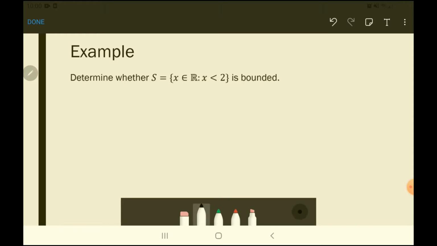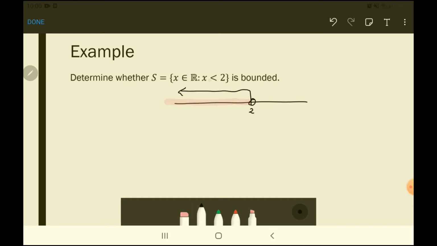So our set will be, let's say this is 2, and there's a value over there because x is less than 2. So our set will be here, right? Continuously. The elements of S will be along this pink shade, any value there, but 2 is not included.